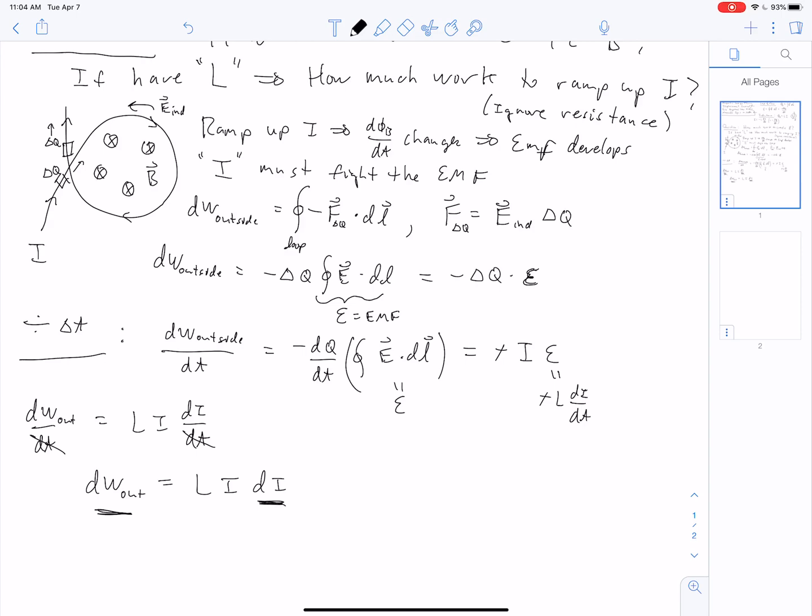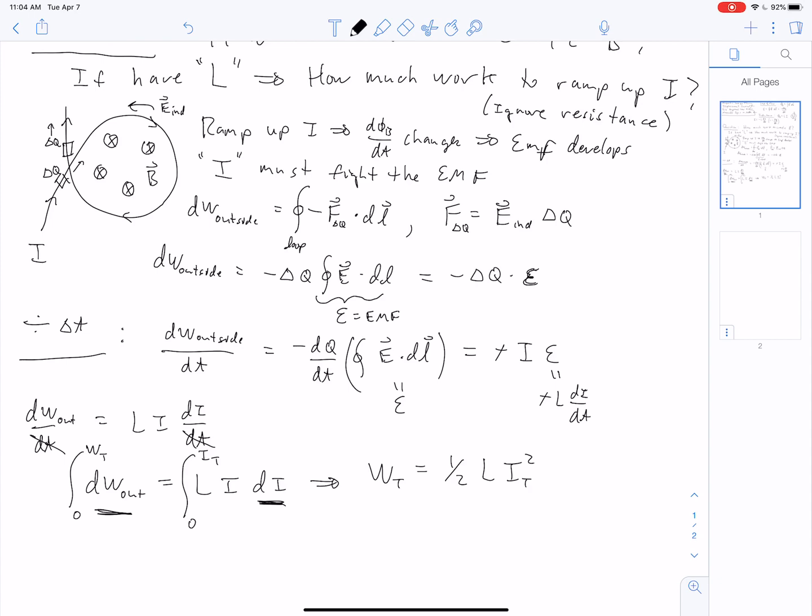And so then we can figure out the entire amount of work to ramp up the current. I integrate this from 0 to the total amount of work, and I just have to integrate this from 0 to the total amount of current. That's a pretty simple integral, and we see that the total amount of work is equal to 1/2 times L times the total amount of current squared. Of course we don't always write these t's there.